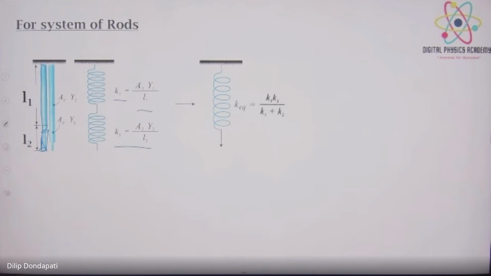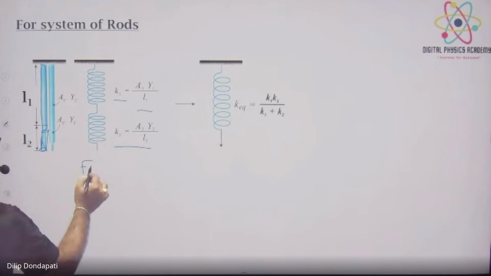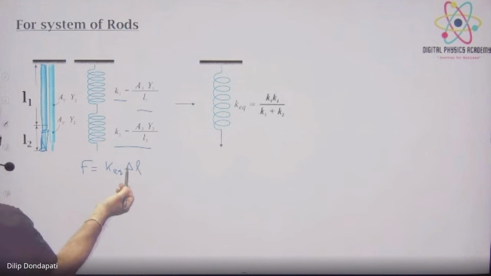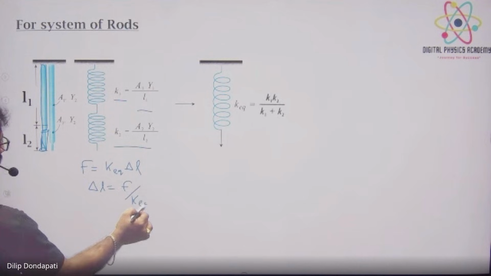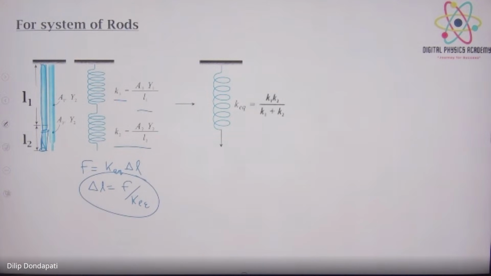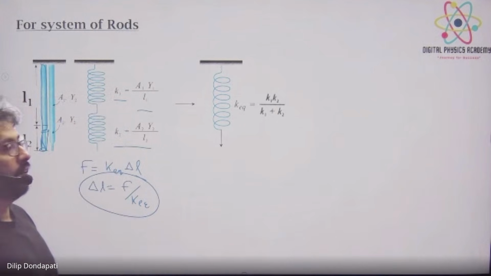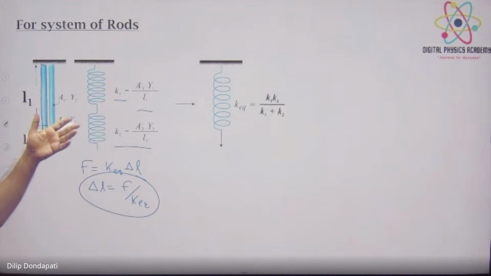So you K equivalent use करें तो then जो भी पूछेगा वो कर सकते हैं ना, K equivalent times delta L, suppose delta L पूछ रहे तो you can use F by K equivalent, ऐसा यूज करके you can solve. तो रॉड को we are converting into spring, उस टाइम में K का फॉर्मूला A Y by L यूज करना पड़ेगा और Y A by L.